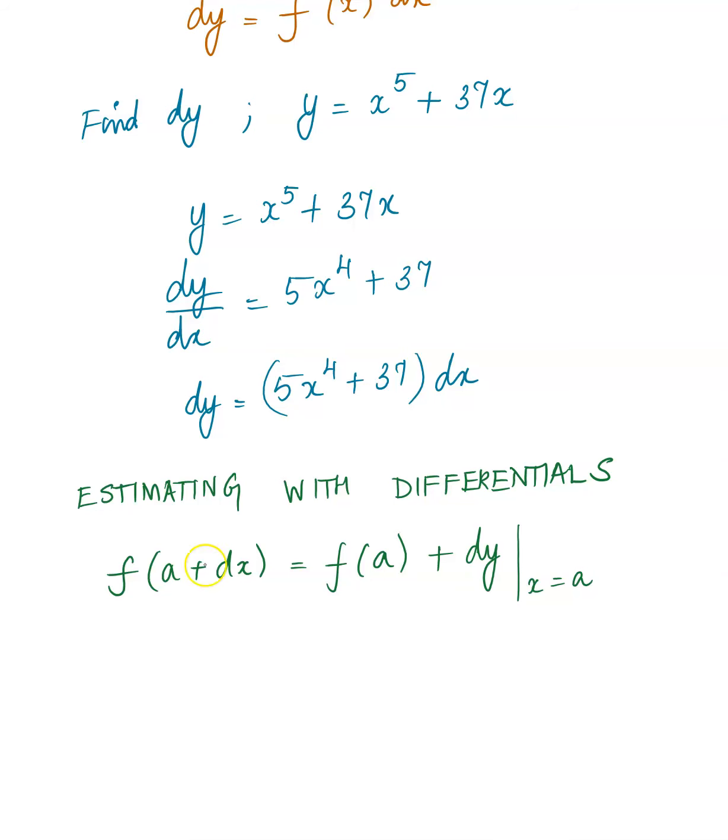A small distance added to the a, if you were to find the function of that, would be an estimation like this. So this delta x, the change in x, is a small change in x as a differential.